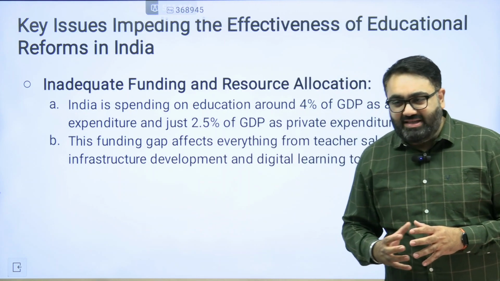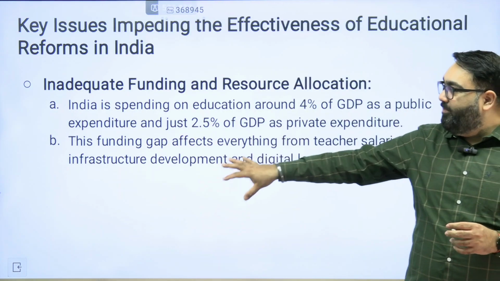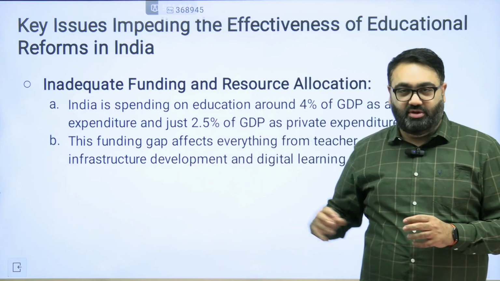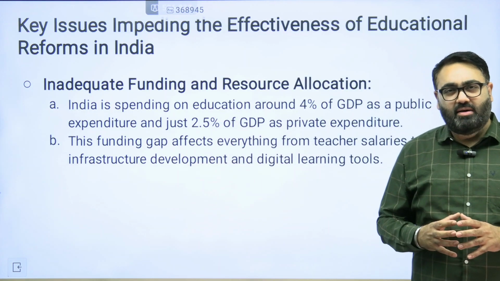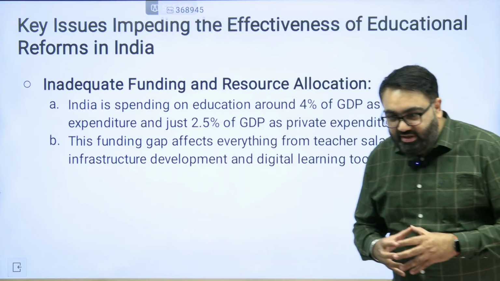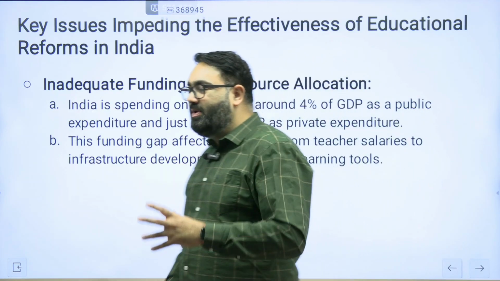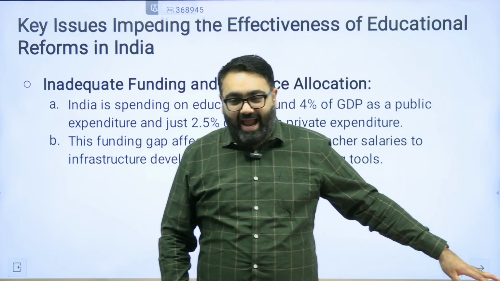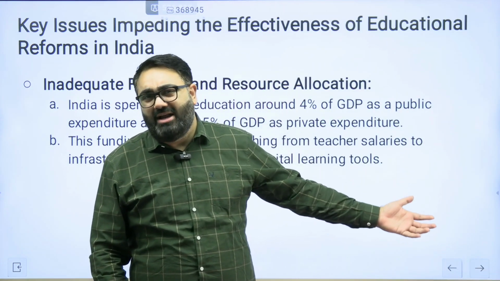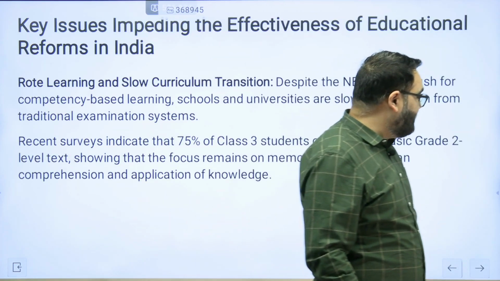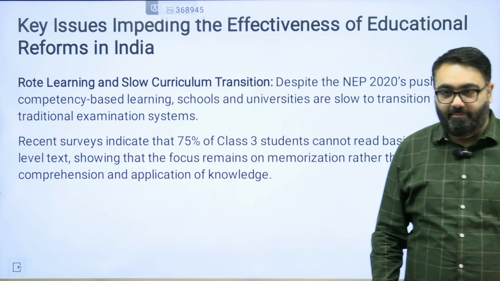In both of these cases, an extremely important role has to be of the funding that the government is providing to them. If it is inadequate, there is not much that you can do about it. At the end of the day, the teacher that is coming to the school has to be paid, the infrastructure has to be made, and this is something which no one else can do. Providing funding is the responsibility of the government, something that they cannot shy away from.